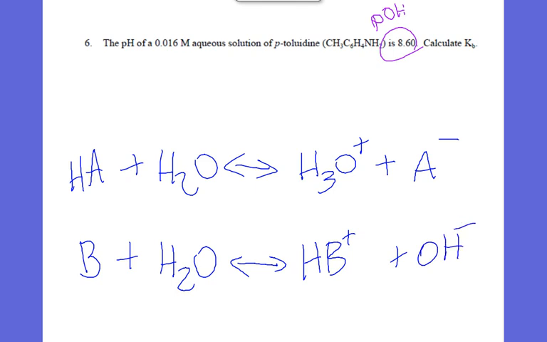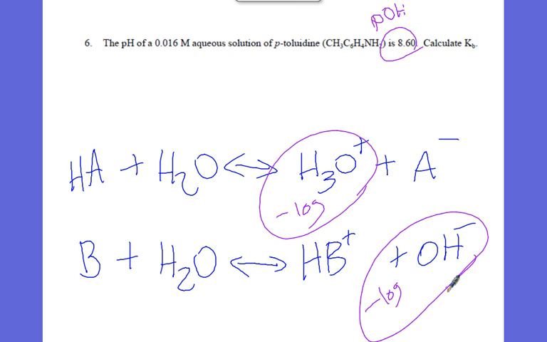If we're measuring pH, we're taking the negative log of hydronium. If we're measuring pOH, we're taking the negative log of hydroxide after the reaction occurs. That's what we're taking the negative log of: how much hydronium or how much hydroxide is in the solution.